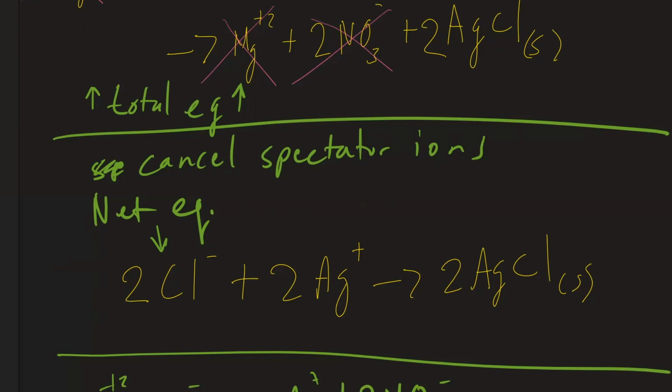So all we have to do is find out how many free ions we have. And we do this by looking at our total equation.